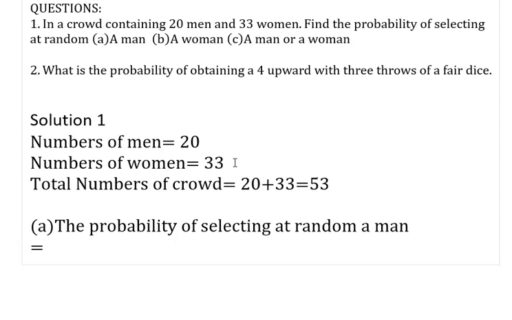Now, the probability of men is the total number of men all over the total number of the crowd.